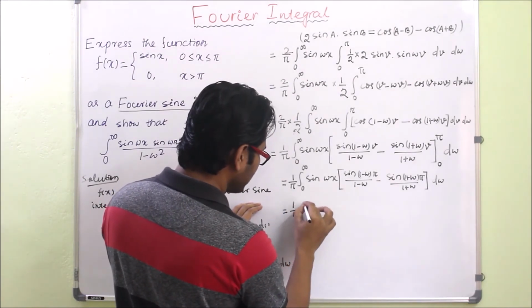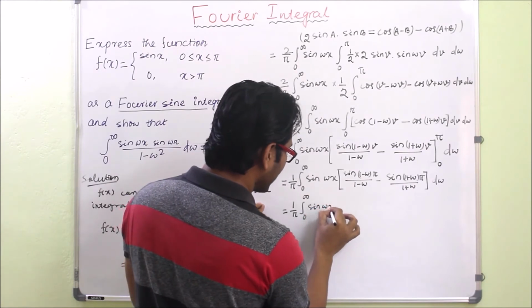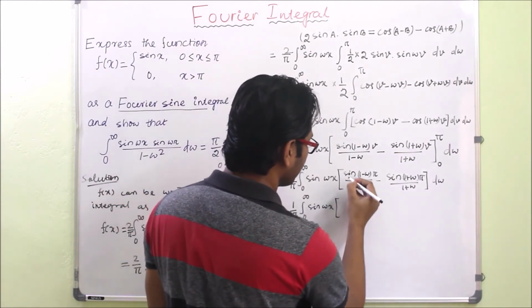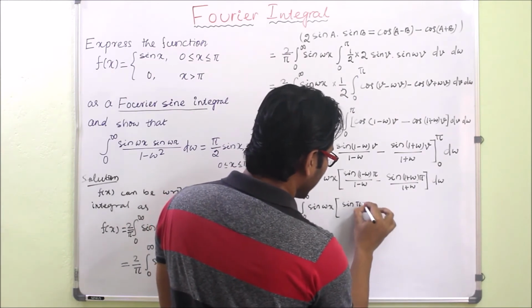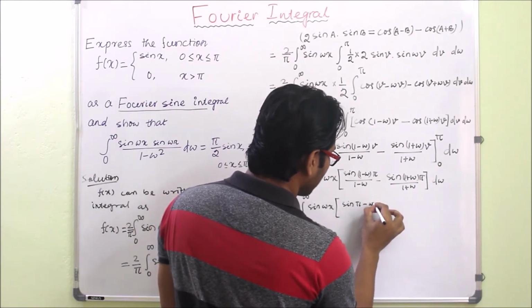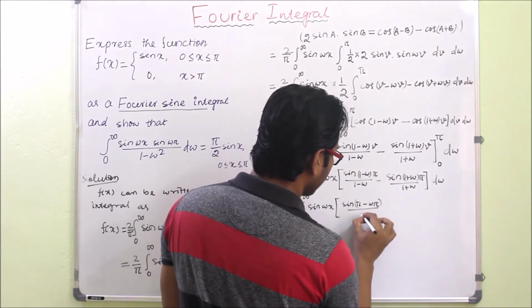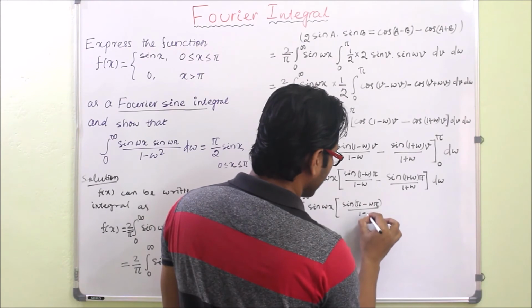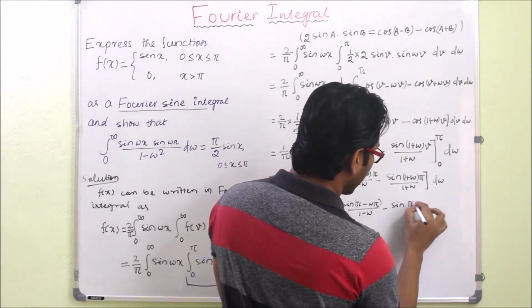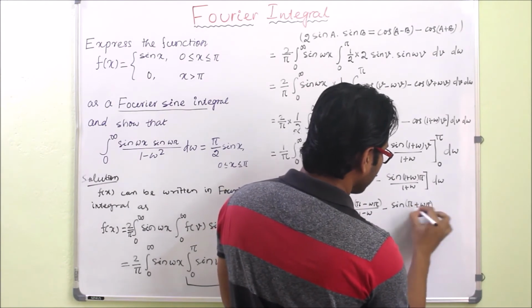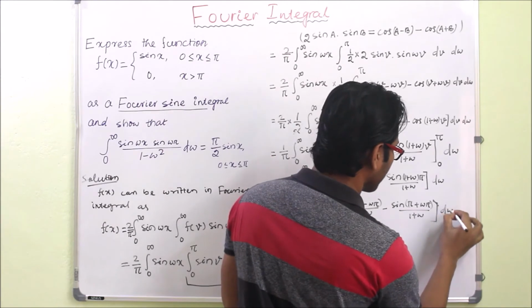Now what will happen then? 1 by pi times 0 to infinity sin wx into this one, if you see, it will be sin pi minus w pi divided by 1 minus w, minus sin pi plus w pi divided by 1 plus w, dw.